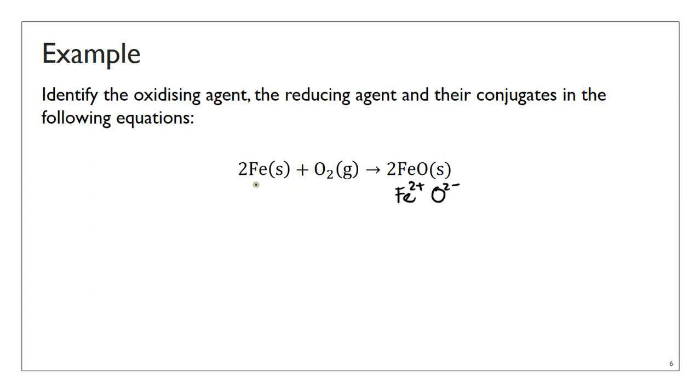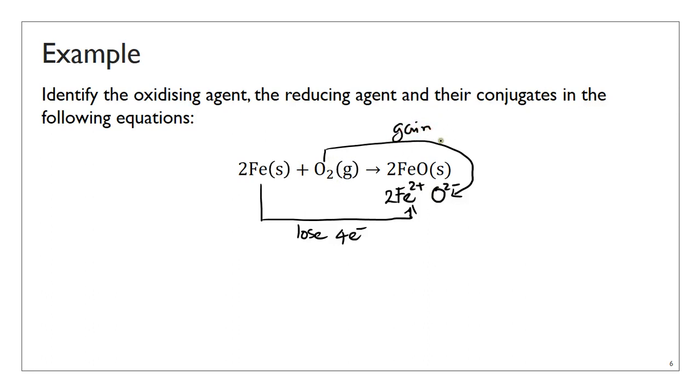What actually happens is the Fe has lost 2 electrons to turn into Fe2+, and at the same time the oxygen has gained electrons. Technically, the Fe has lost 4 electrons because we have 2 Fe going to 2 Fe2+, and the oxygen has gained 4 electrons to go from O2 to 2 O2-.